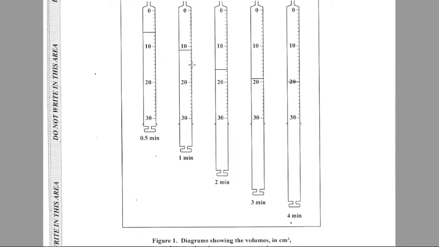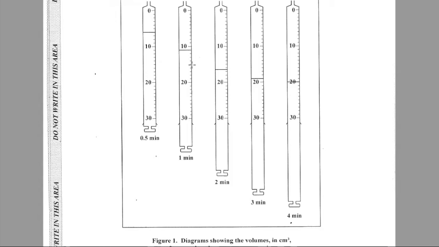Whenever we're going to take readings, it's very important that we determine the scale or the gradation on the instrument. For this gas syringe, each of these little marks represents 1 cm³.